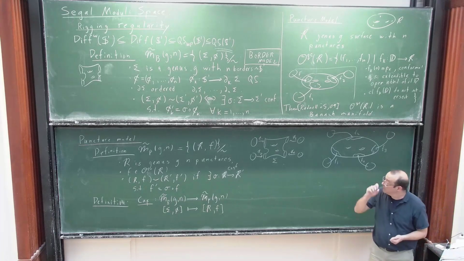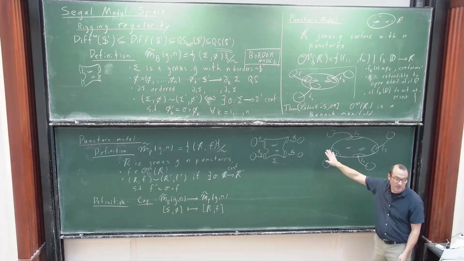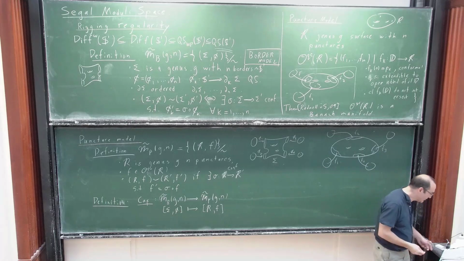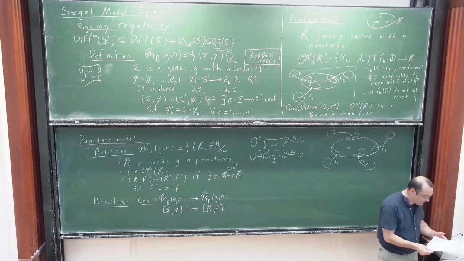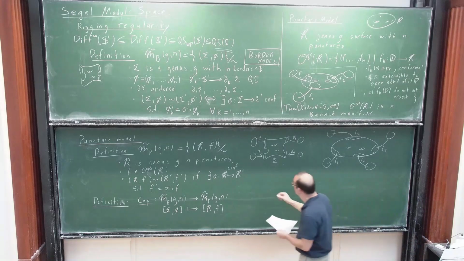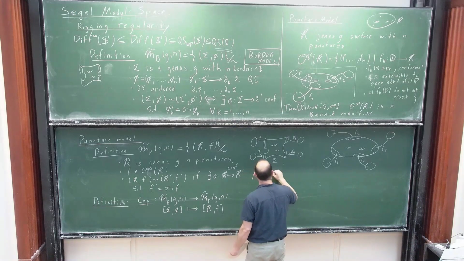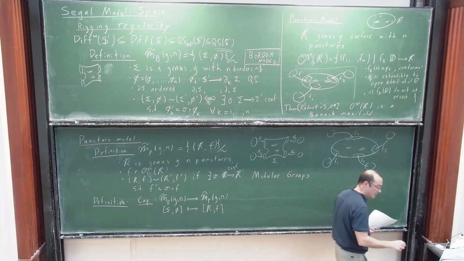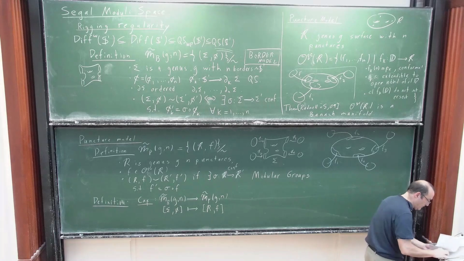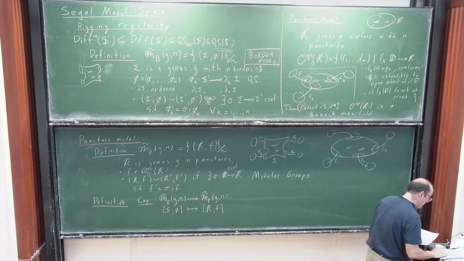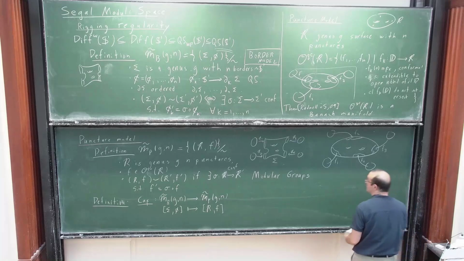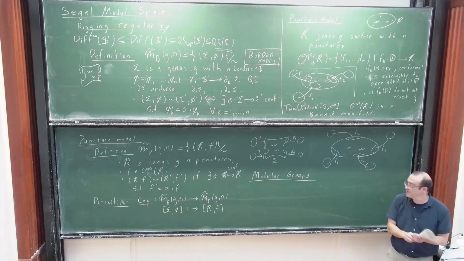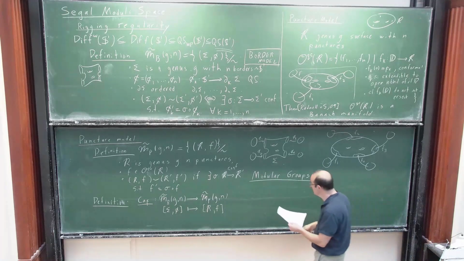Right, so I want to talk about the relation of this to the Teichmüller space. But before I do that, I have to define some modular groups. And if you're used to the finite dimensional Teichmüller theory, there are some relations, but these potentially can be bigger groups.